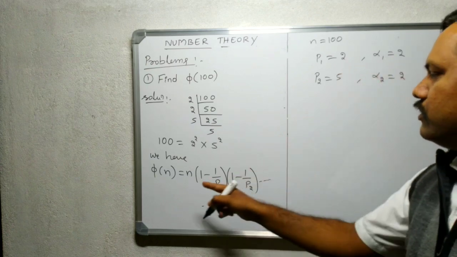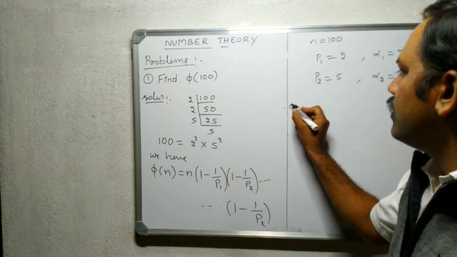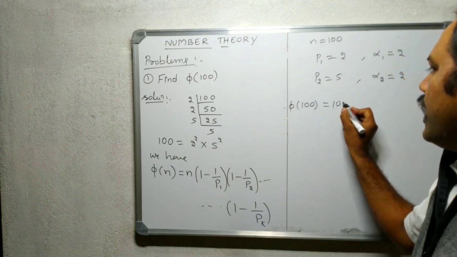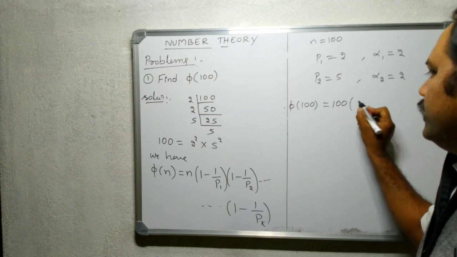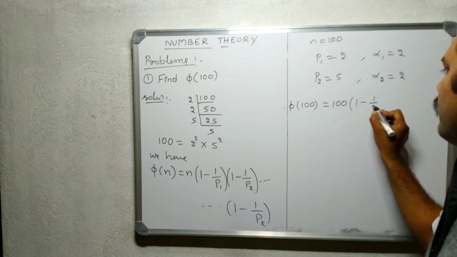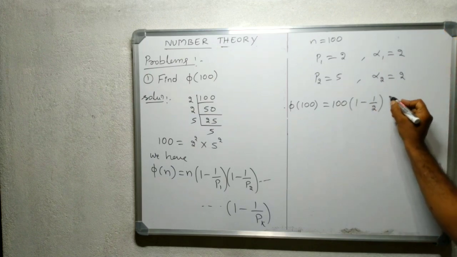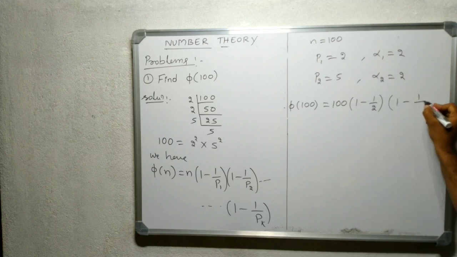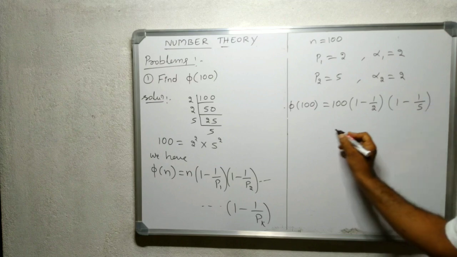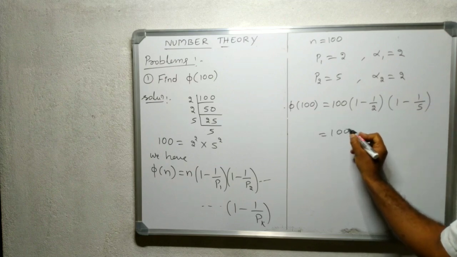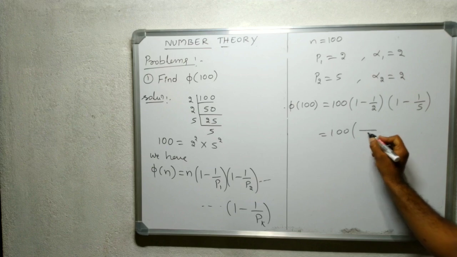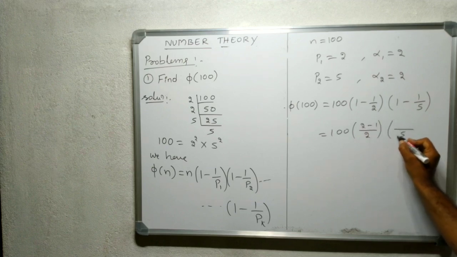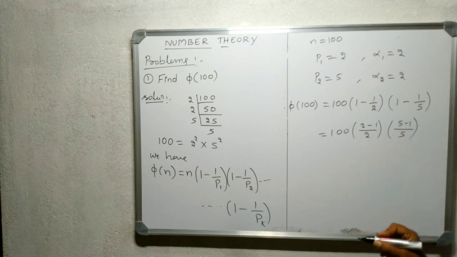Substitute these values to this phi of n, that gives phi of 100 is equal to 100 into 1 minus 1 divided by 2 into 1 minus P2 means 1 divided by 5. That is 100 into, take LCM 2, 2 minus 1 by 2, into, take LCM 5, 5 minus 1 by 5.